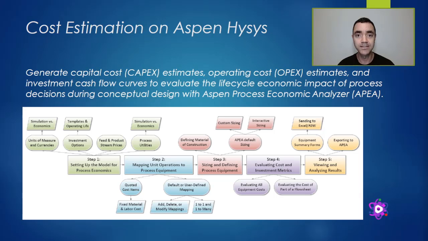The Aspen HYSYS performed the calculations for each piece of the equipment, resulting in $1.7 million for this rotating equipment, for this compressor. In fact, when we get the quotation from the supplier, I will not have each piece of the equipment separated. I will have just one block, just one skid in this case.